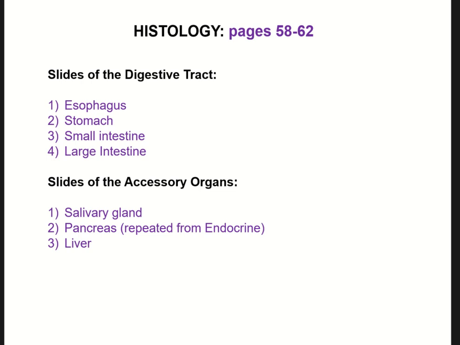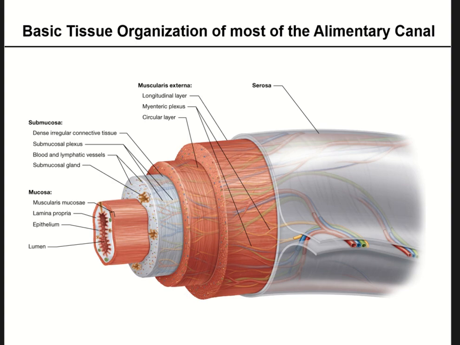Okay, so let's get started. First I want to lay out a basic template for you to look at when we're walking through this. The basic template is pretty much going to be followed through the alimentary canal, which remember is the route that our food is going to take as it goes through our digestive system, right?